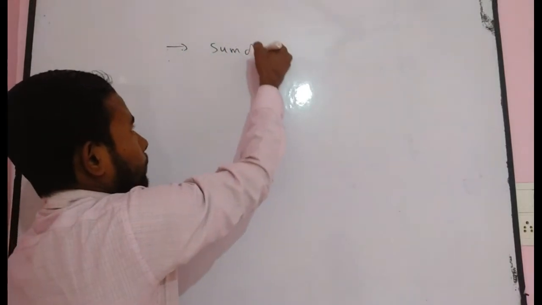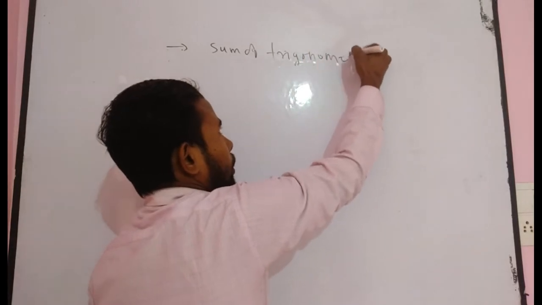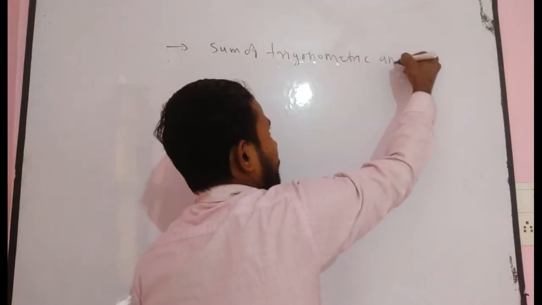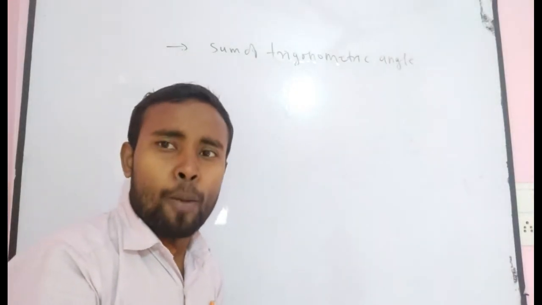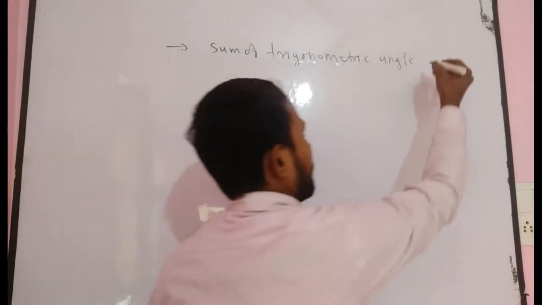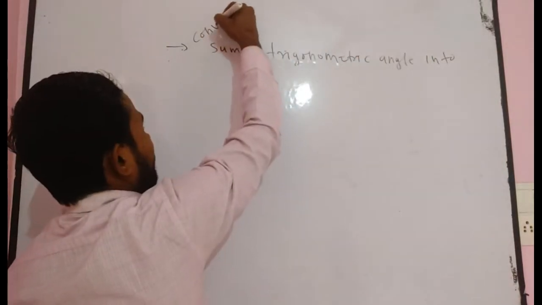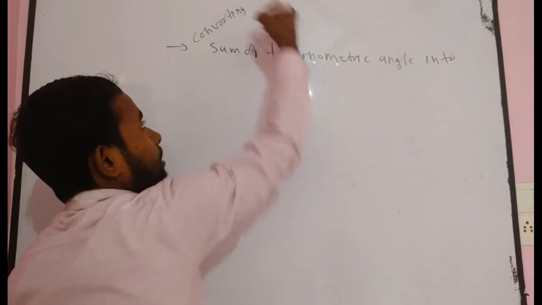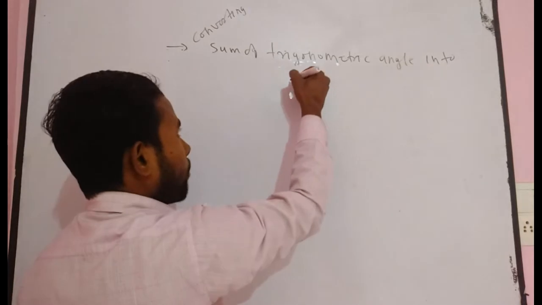Sum of trigonometric angle. You have to convert sum of trigonometric angle into product of trigonometric angle.